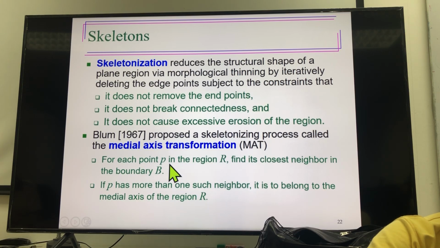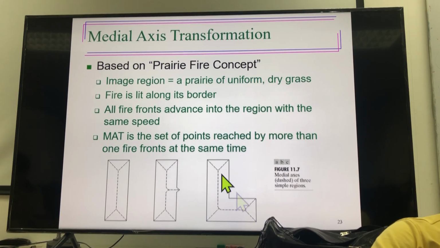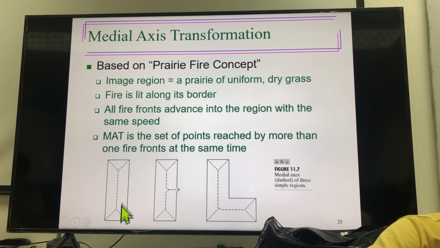You start with a point P in the region R, and then you find its closest neighbor in the boundary B. If P has more than one such neighbor, then it belongs to the medial axis of the region R. What does this mean?